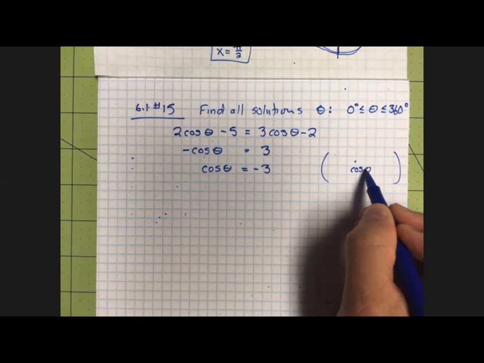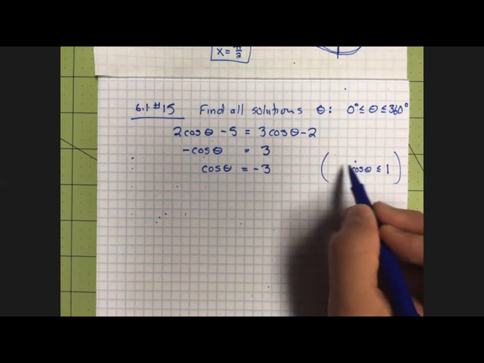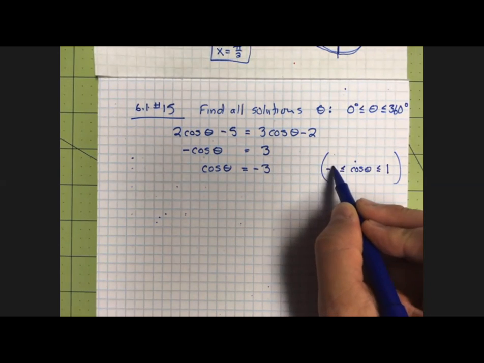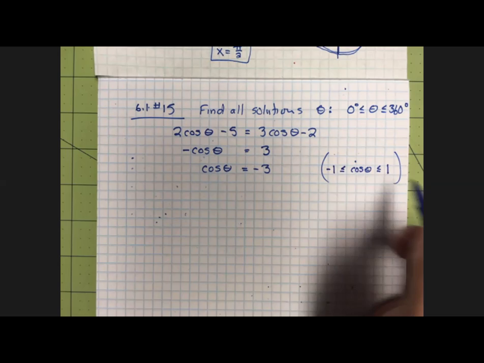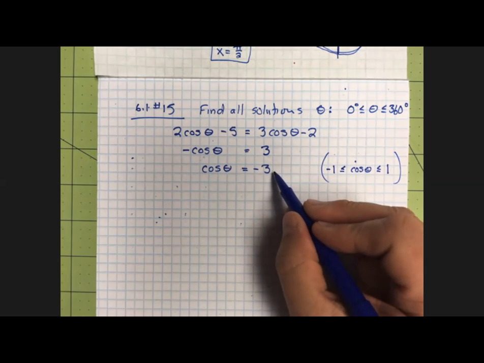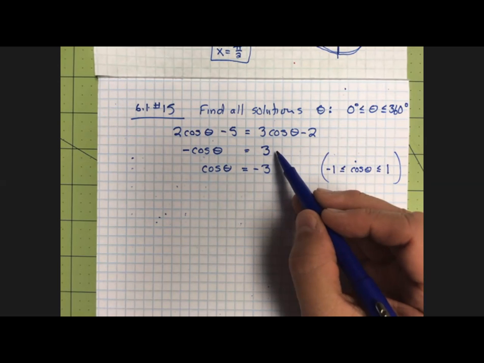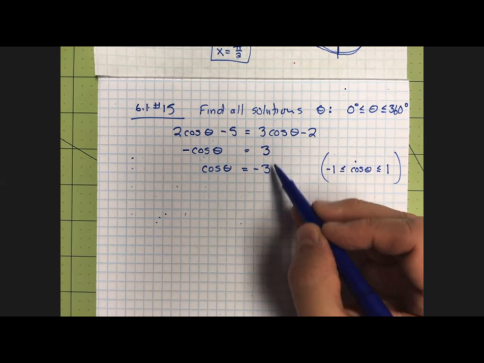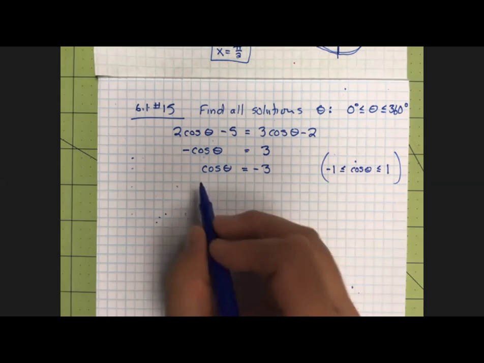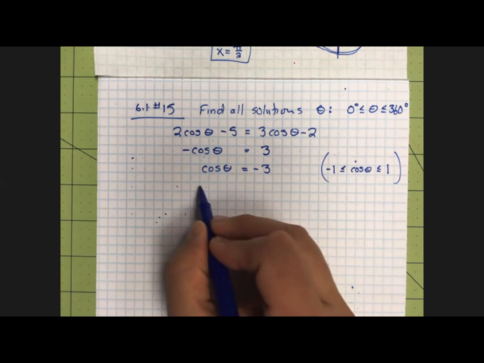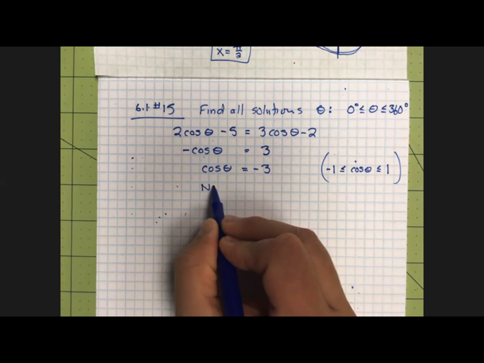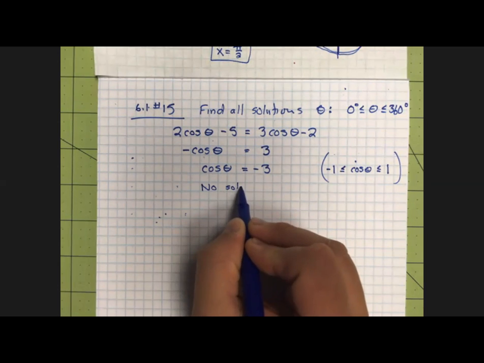Well, the cosine of any angle is never more than 1 or less than -1. So this is where I double check what I wrote. And I have to accept that we wrote this correctly. We simplified it correctly. And so therefore, there is no solution to this problem.